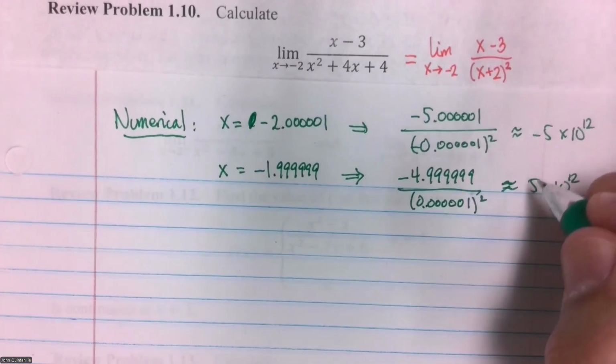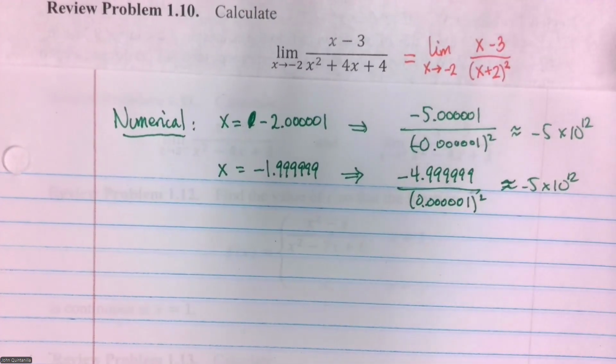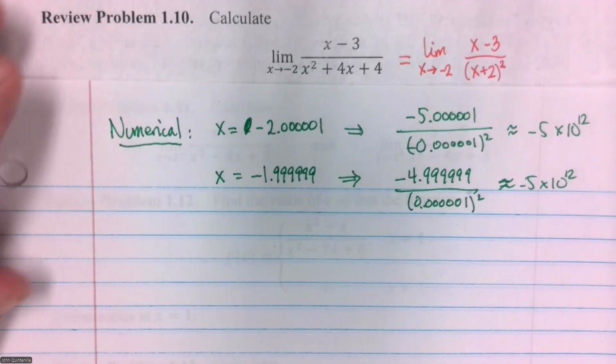So it's blowing up negative in both directions, and that suggests that the answer is negative infinity. That's one way to guess what's happening in this problem.